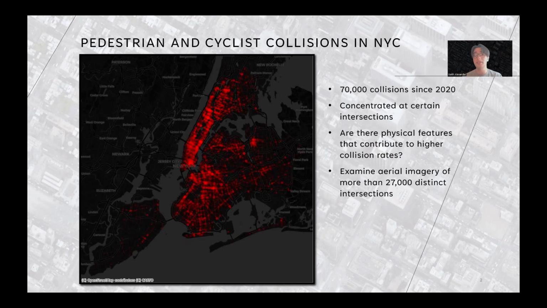Specifically, we're looking at over 27,000 distinct intersections, using that computer vision model to identify certain attributes, extract features from those images, and then examining the relationship of those extracted features with the frequency of collisions at those same sites.